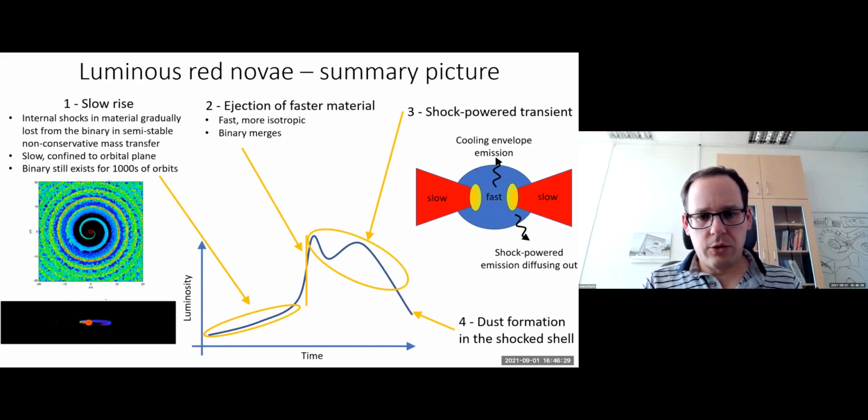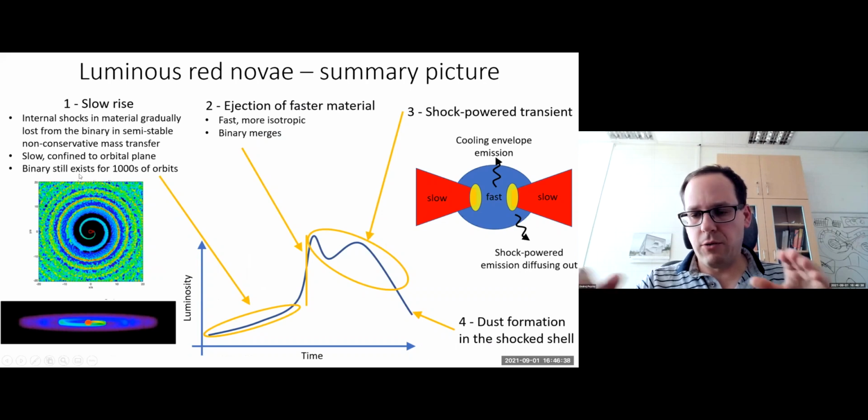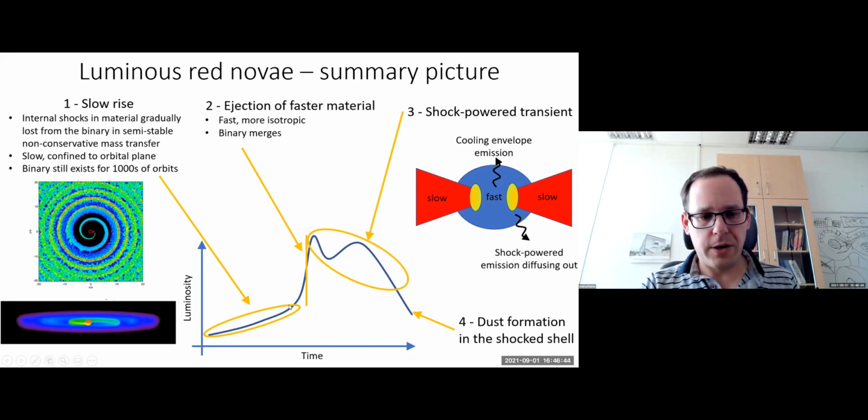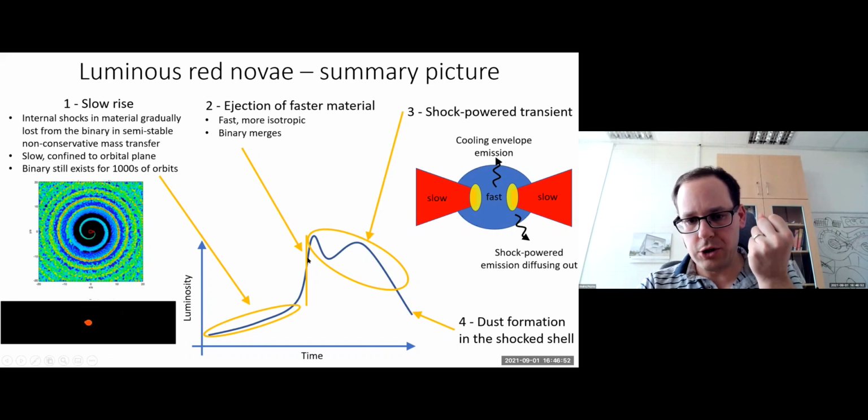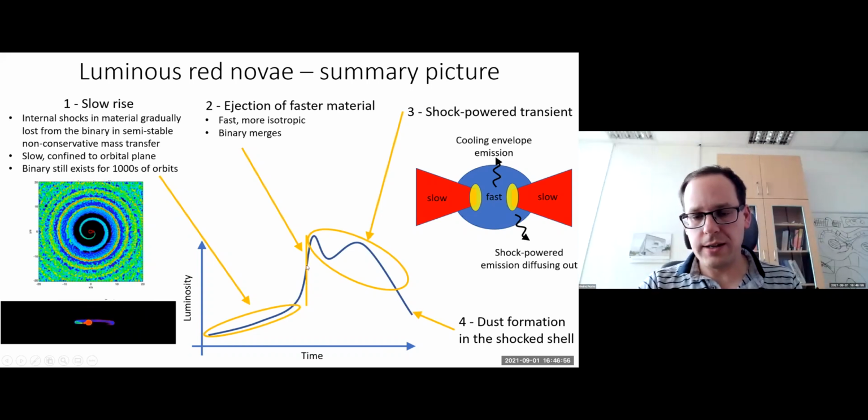So I would like to show a summary slide that explains what we think happens in these events. First, there is a gradual loss of mass from the binary, which we can sometimes see as a slow rise in the luminosity. That's illustrated in this movie on the left. And then at some point, the binary goes dynamical and the two stars actually merge. This is quite likely towards the end of the gradual rise.